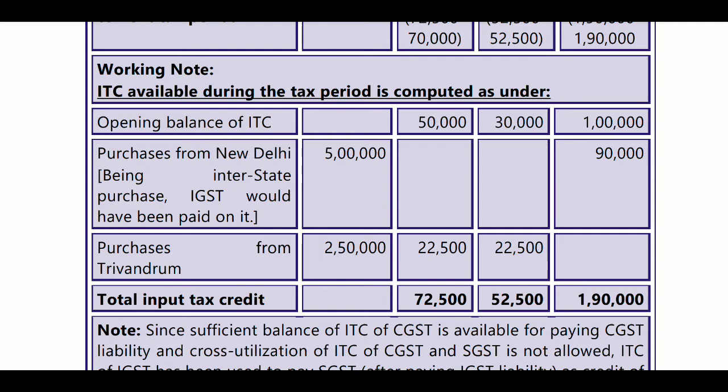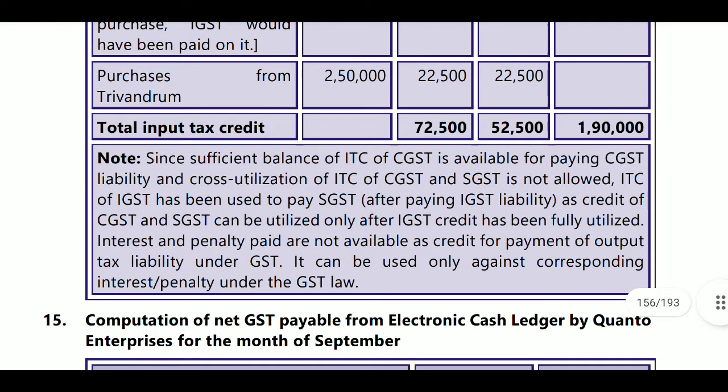It became 52,500 because CGST was more, so the IGST was utilized for paying the SGST amount. Note: since sufficient balance of ITC of CGST is available for paying CGST liability, and cross utilization of ITC of CGST and SGST is not allowed, ITC of IGST has been used to pay SGST.